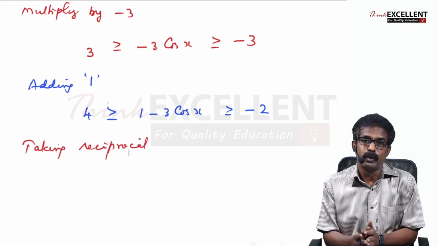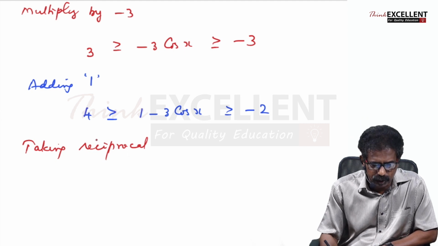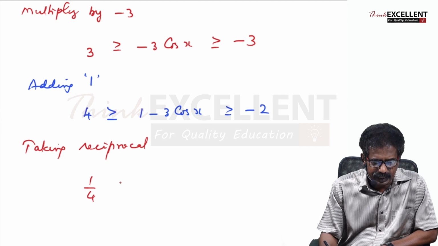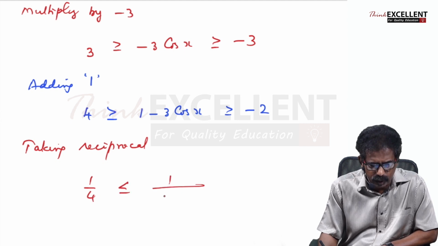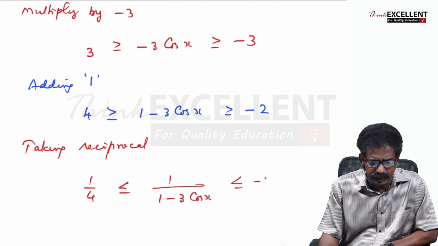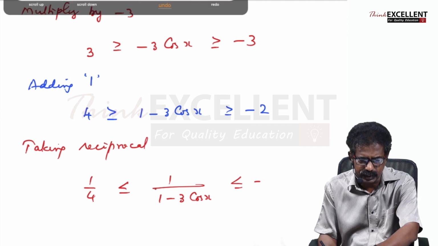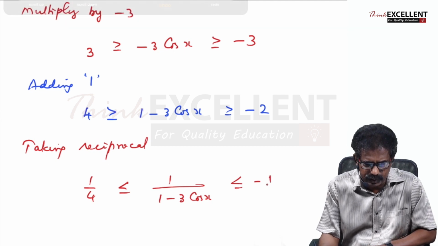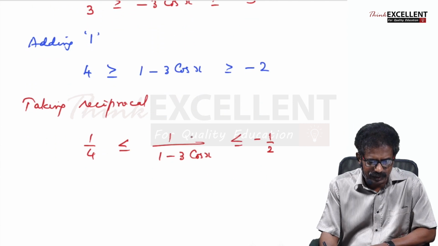When you take reciprocal, you know again inequality reverses, right? So take reciprocal of 4, 1 by 4. The greater than or equal to becomes less than or equal to. Take reciprocal, 1 by 1 minus 3 cos x less than or equal to, minus 1 by 2. Now you got that f of x, right?